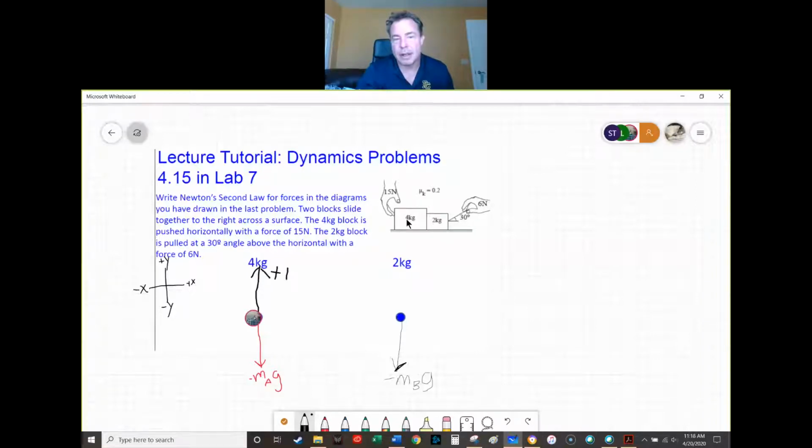And then the other block? Yeah, the 2 kilogram block is on its right-hand side. And remember, objects will push on you, right? So a flat object that's inanimate is going to be pushing on the 4 kilogram block. Don't forget to subscript.